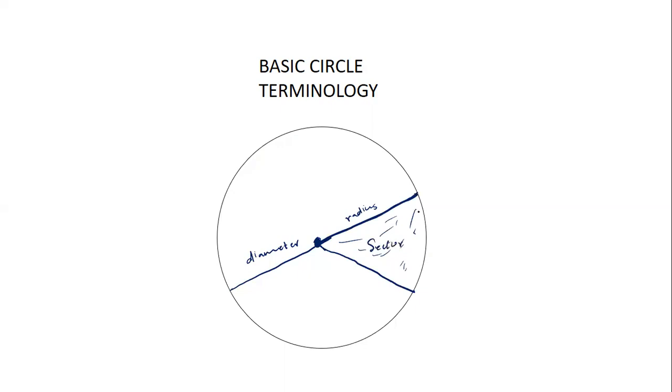So when you talk about a sector of a circle, we are talking about the region bounded by what? Bounded by two radii and an arc of the circle. We have two radii, and then we have the arc of the circle. It's a sector, okay?